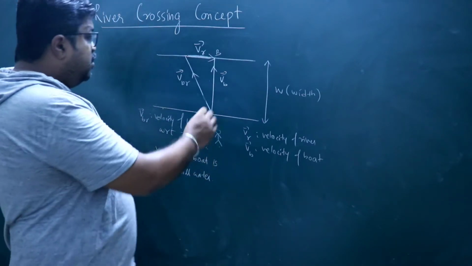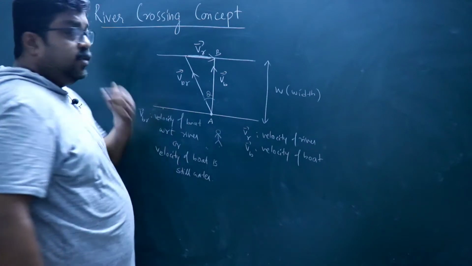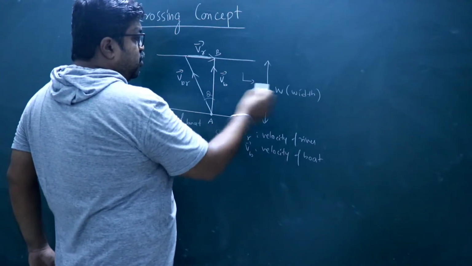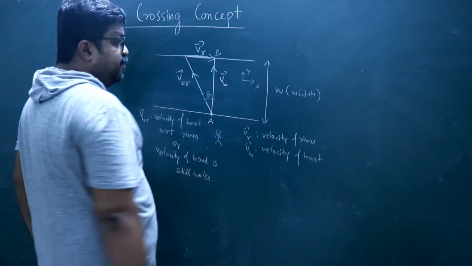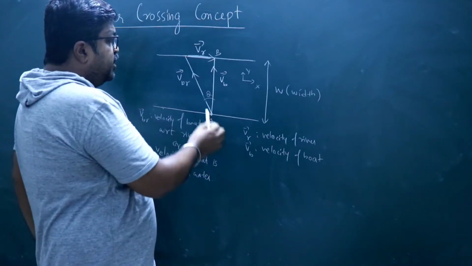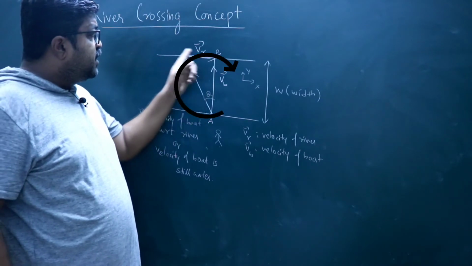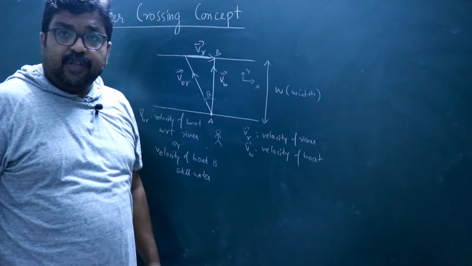Now suppose this angle is theta. Let us take this horizontal axis as x-axis and the vertical axis as y-axis. Now in this triangle, VBR and VR have the same sense of rotation, and VB has opposite sense of rotation.